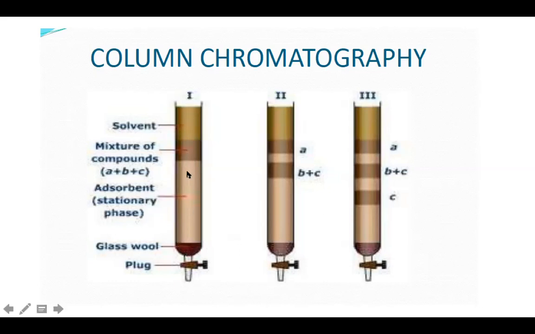And during traveling, depending on the molecular weight as well as the affinity of the compounds to the adsorbent or stationary phase, the speed of the movement of the compound toward the gravity will obviously be different, and then they travel at different speed, and you can collect the eluent here in test tubes, and you can find the different compound in different test tube.